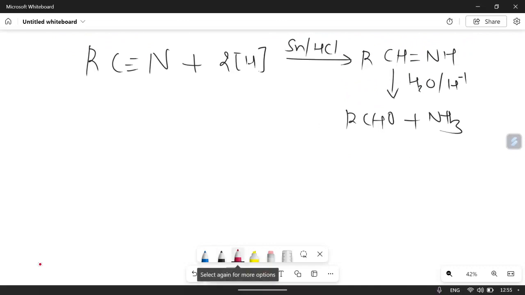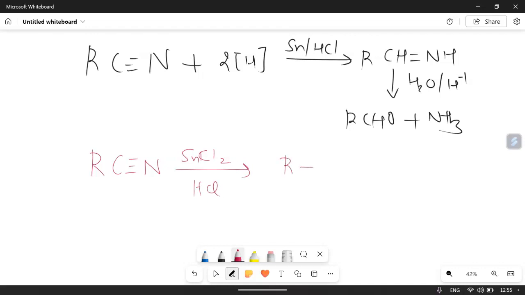This reaction can also take place like that. RC triple bond N in the presence of SnCl2, okay, HCl, that will give RCH double bond NH with SnCl3, so here it is imine salt.